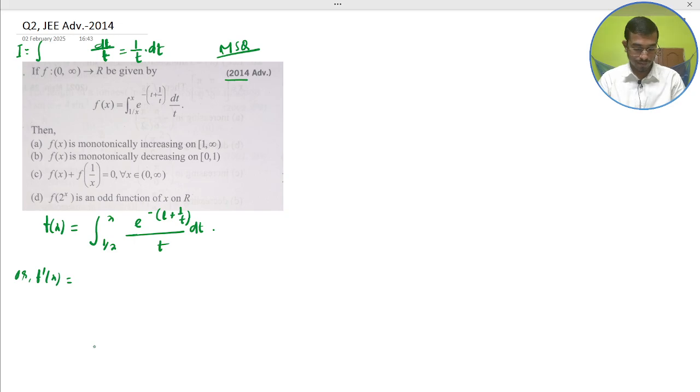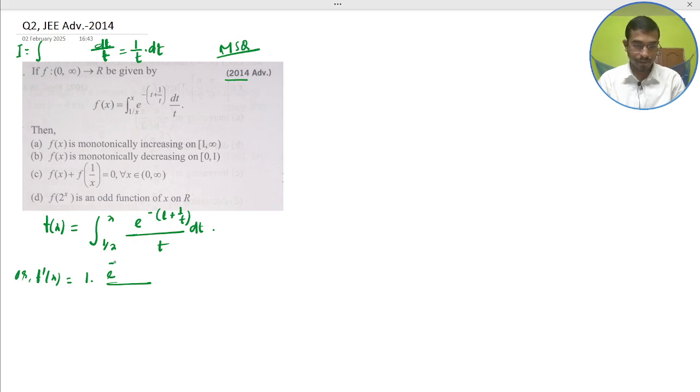So f dash x means I just do here the chain rule of the multiplication format. So 1 into e to the power x means e to the power x, exponential minus, put on the limit, means 1 by x to x.